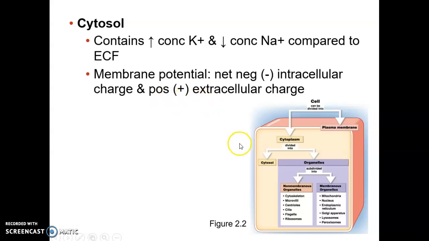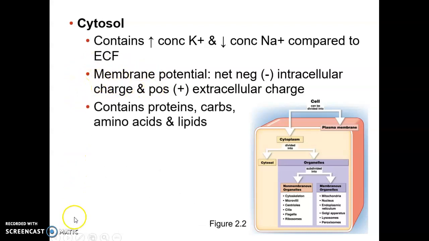So a positive extracellular charge. And this is maintained in your cells, and that's usually called the resting membrane potential. That can get altered and changed when an action potential or nerve impulse is generated. So we will revisit this when we talk about the nervous system.